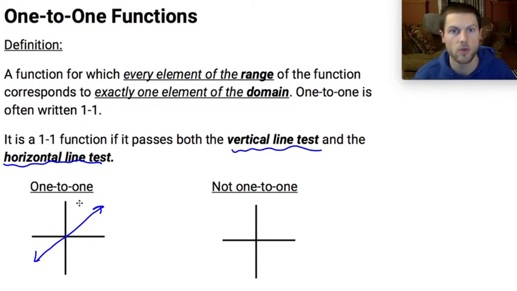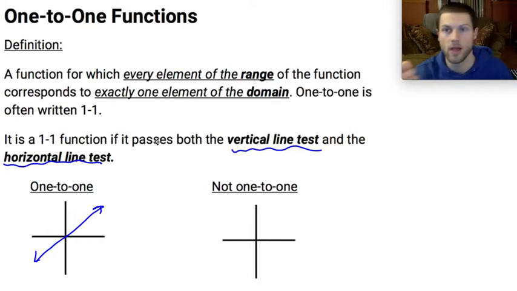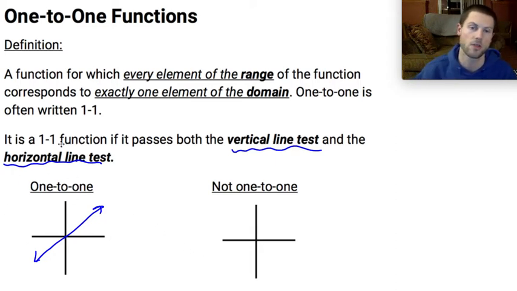Basically, that was determining that you have only one output for every input. If I perform a horizontal line test, I'm really checking that every single element in the range, every y value, has only one x value associated with it. So a one-to-one function has to pass a vertical line test and a horizontal line test.